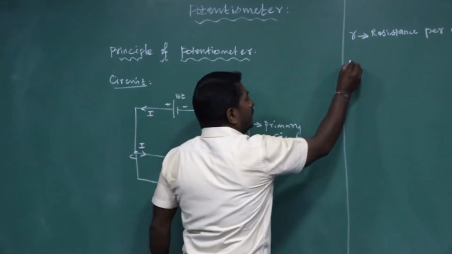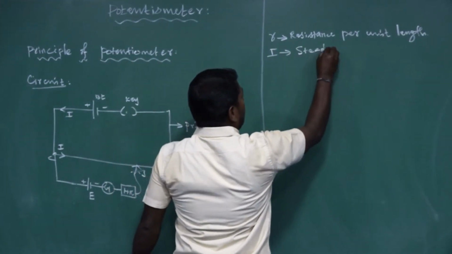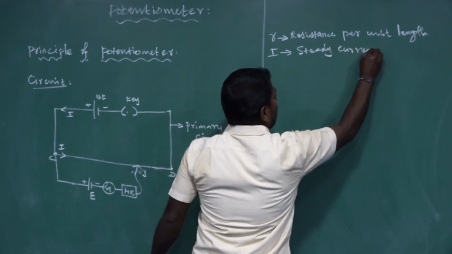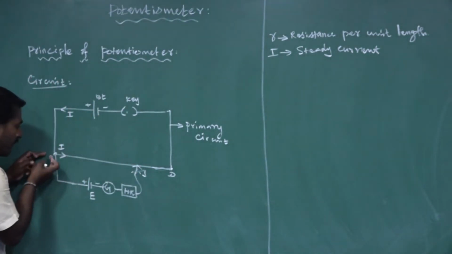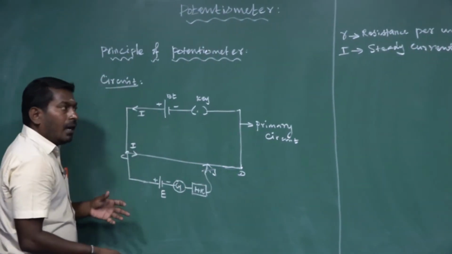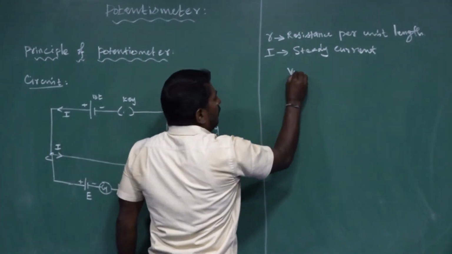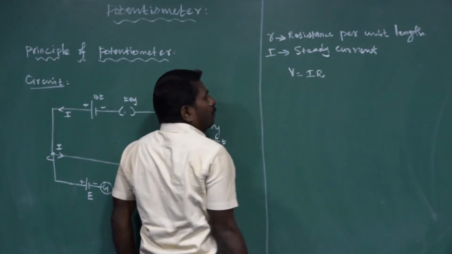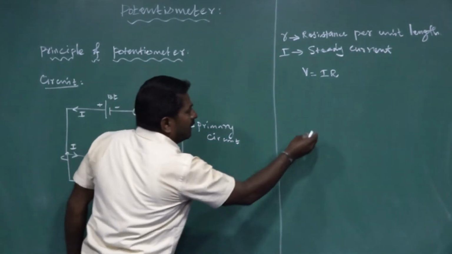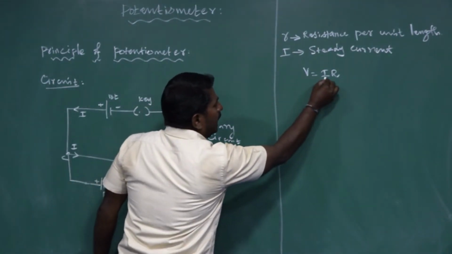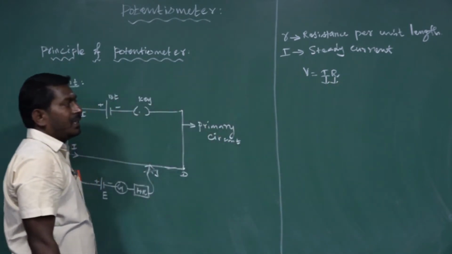Then I is the steady current through the potentiometer wire. Now for this steady current, according to Ohm's law, V is equal to IR. The potential drop across any segment we can calculate by using Ohm's law, V is equal to IR, where I is the steady current through the segment and R is the resistance of the segment.